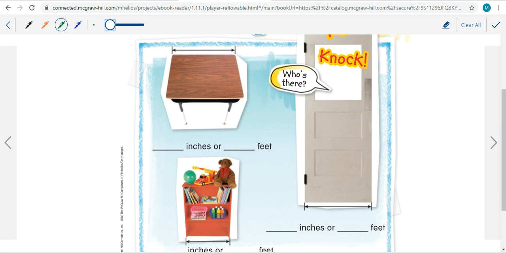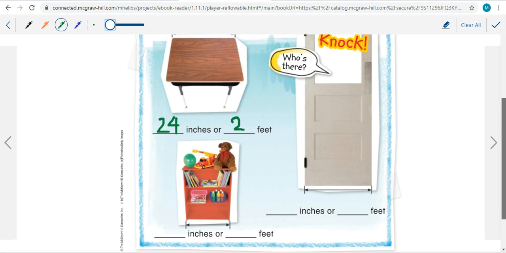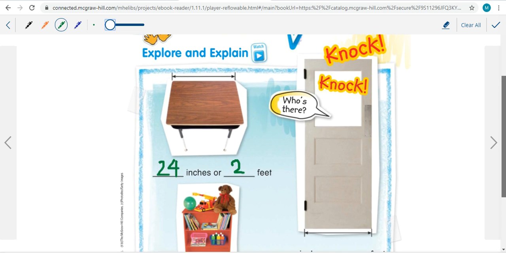Okay, let's say 24 inches. So write 24 inches. How many feet is that? Remember, 1 foot is 12, so 24 inches will be equal to 2 feet. Now remember, these are estimates.